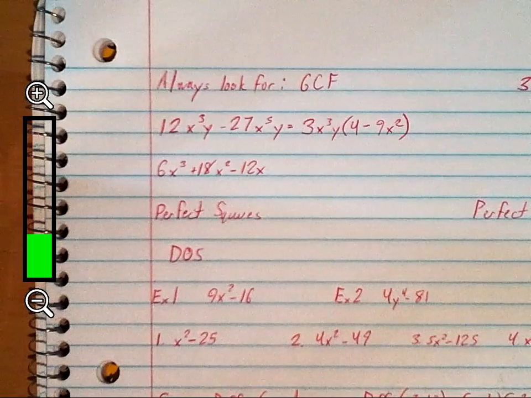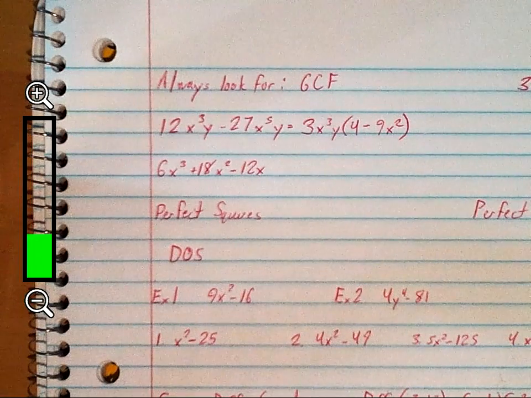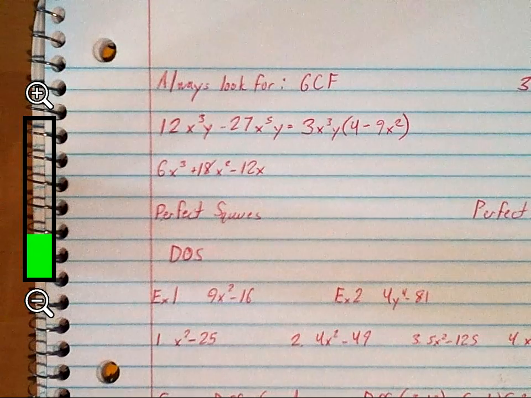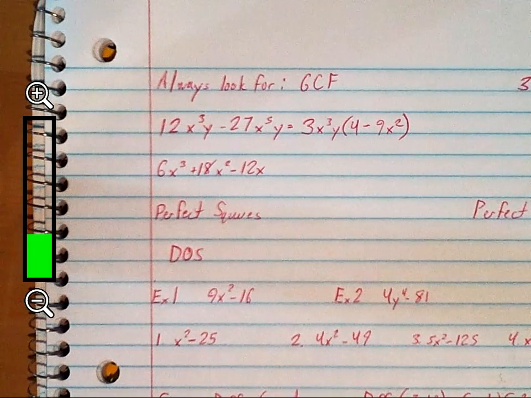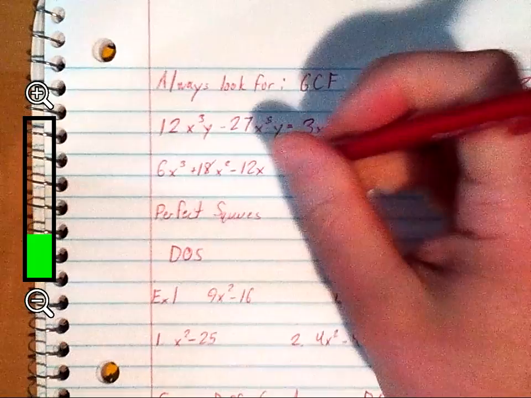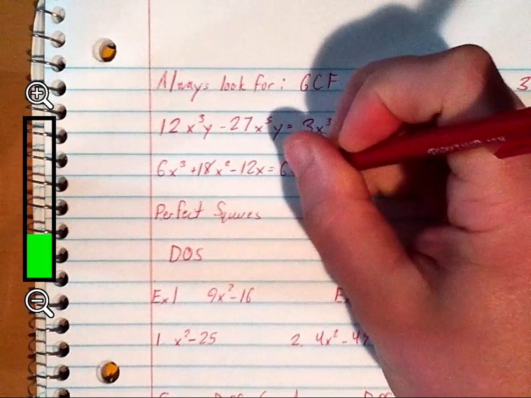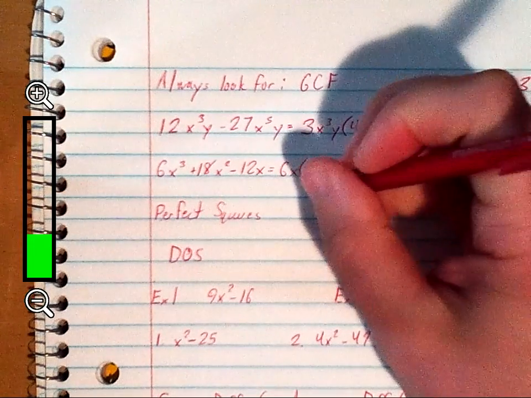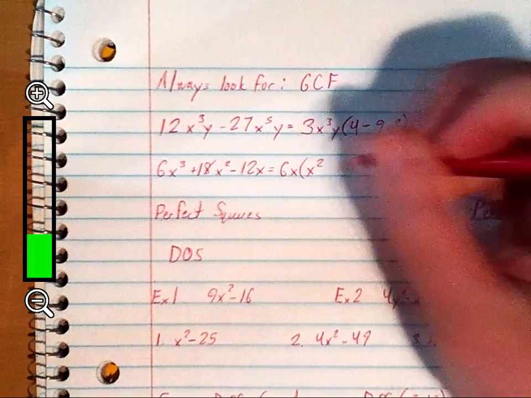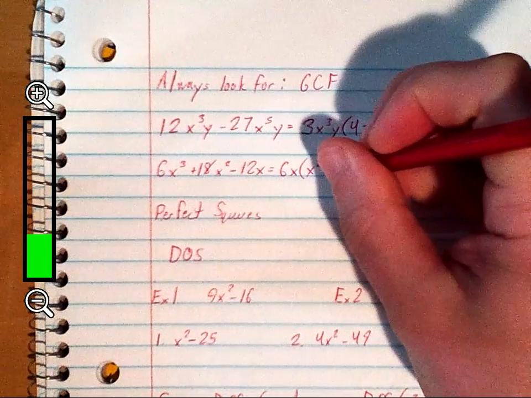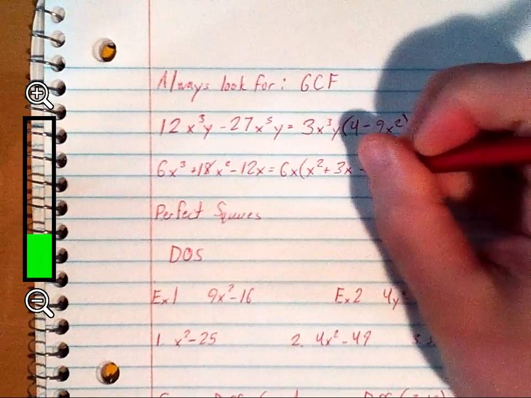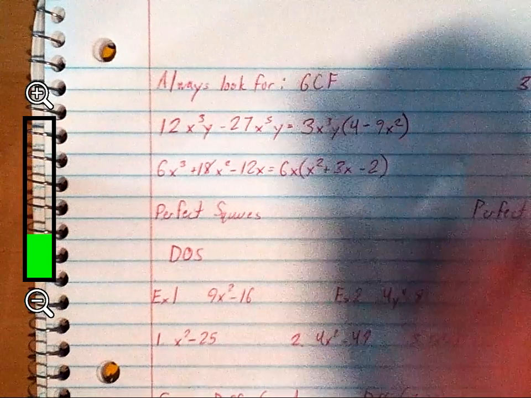Alright, let's take a look at the next one. We have 6x cubed plus 18x squared minus 12x. All terms have a 6 in common and an x in common, so we can factor out a 6x, which is going to leave me with x squared plus 3x minus 2.